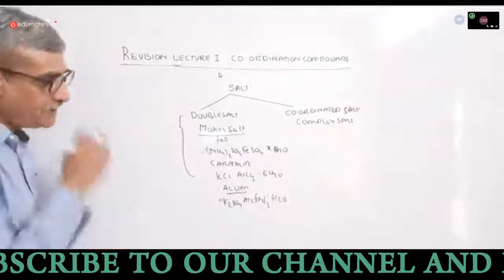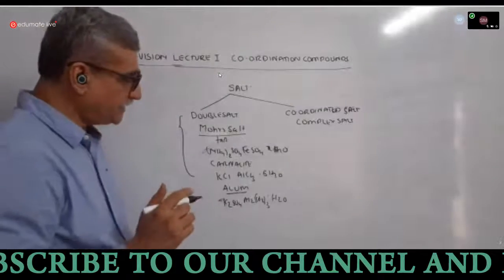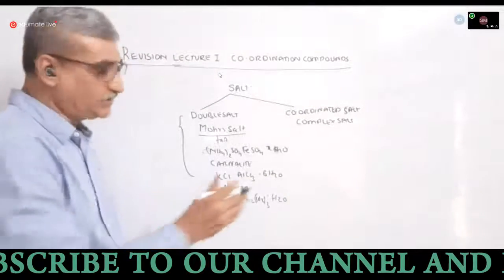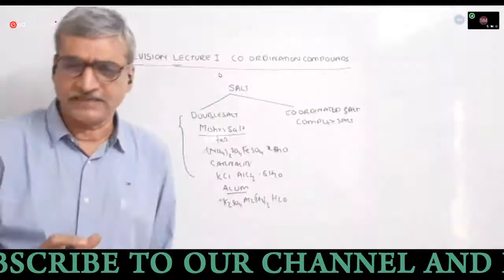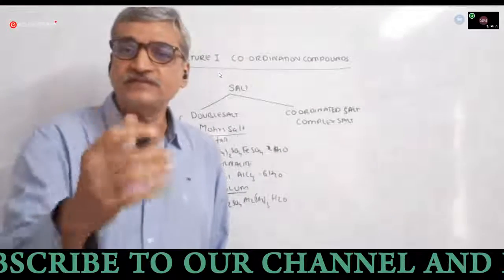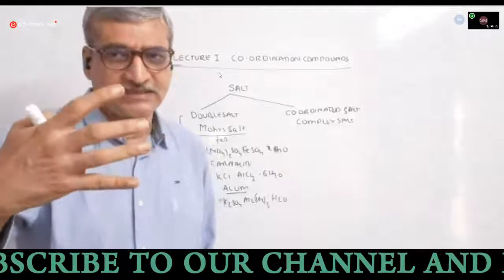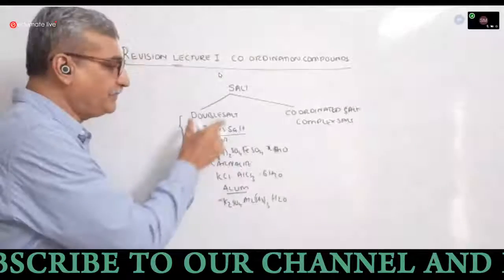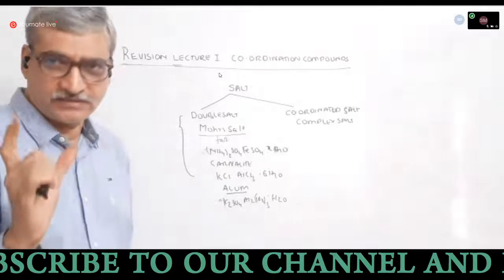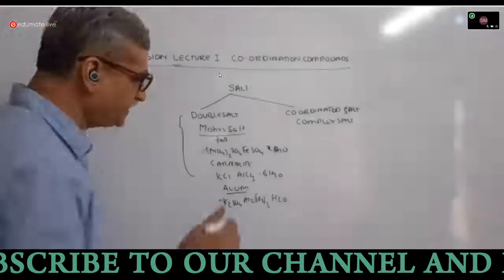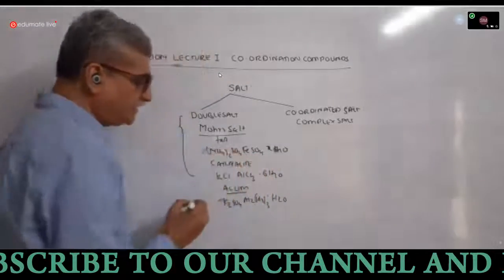Here you have to understand that this is one direct question which they can ask: which is a double salt? Out of the four options, what is a double salt? If you put it in water, it is going to dissociate completely, and you're going to get a test for each and every ion.